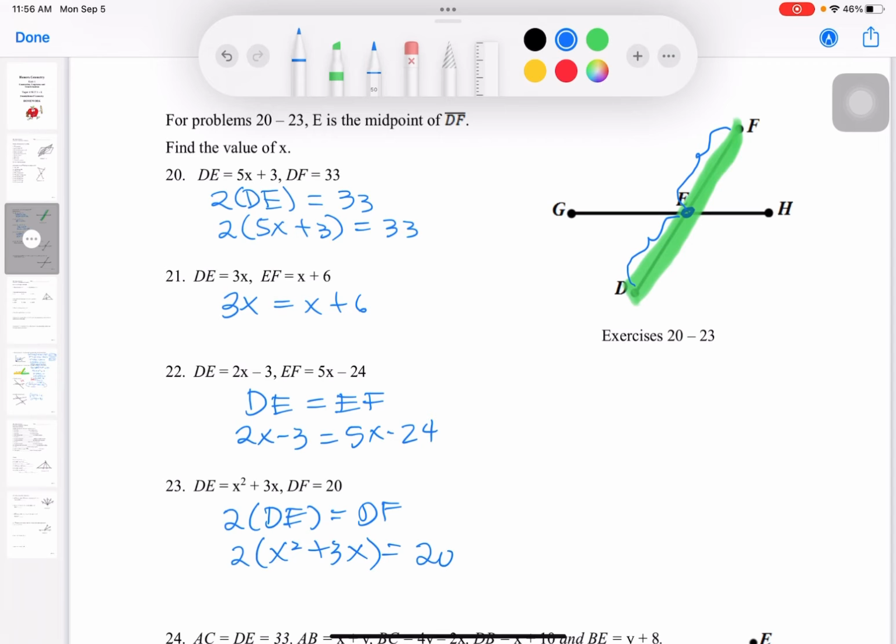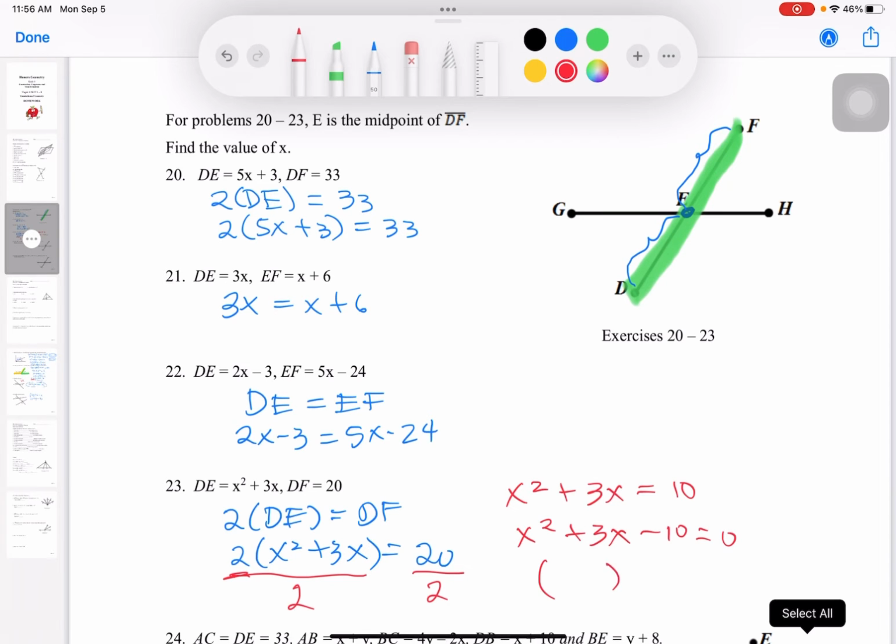Now, the easiest method is to get rid of the factor 2 by dividing both sides of the equation by 2. So you simply have x squared plus 3x is equal to 10. Subtracting 10 from both sides, you'll end up with x squared plus 3x minus 10 is equal to 0.